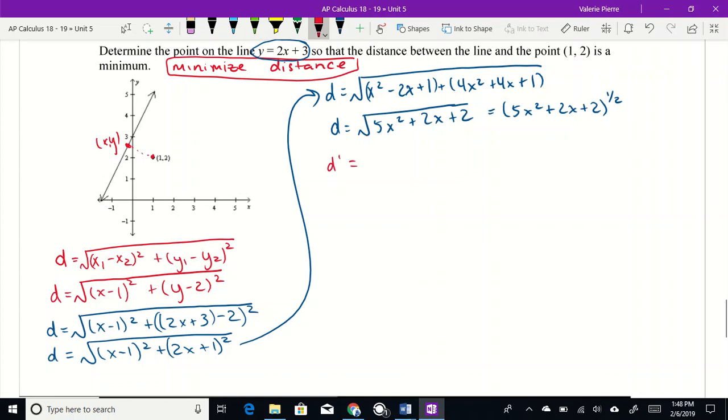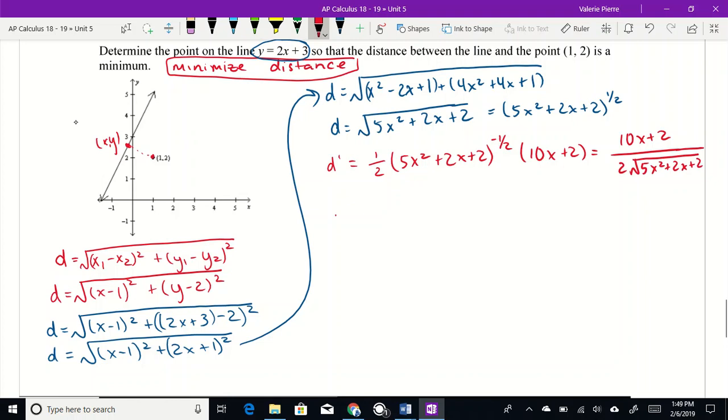So the derivative of the distance equation, we're going to have to use chain rule here, is 1/2 (5x squared plus 2x plus 2) to the negative 1/2 times (10x plus 2), which is equal to (10x plus 2) over 2 square root of (5x squared plus 2x plus 2), which I can further simplify to (5x plus 1) over the square root of (5x squared plus 2x plus 2).